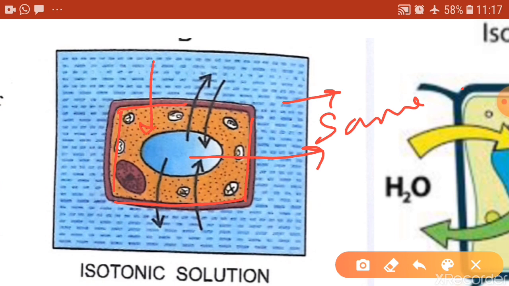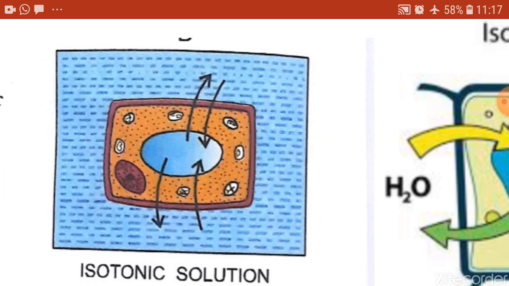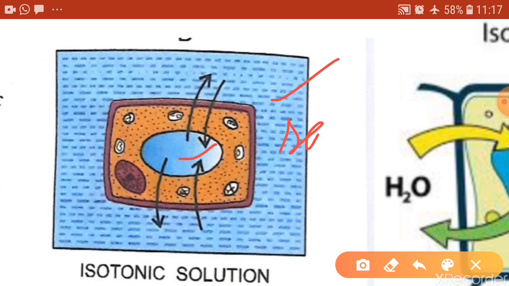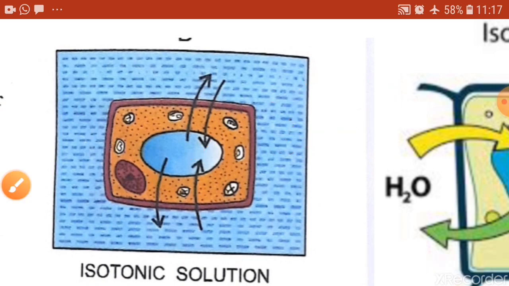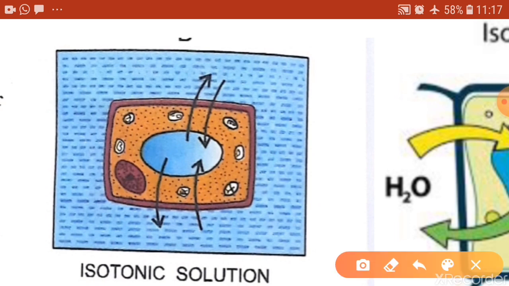Means what? Water from outside will enter the cell by endosmosis, water from inside is going to go out. But since the water concentration outside and inside is the same, the number of water molecules entering the cell is equal to the number of water molecules leaving the cell.